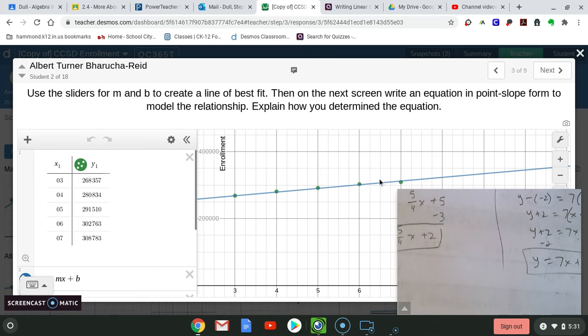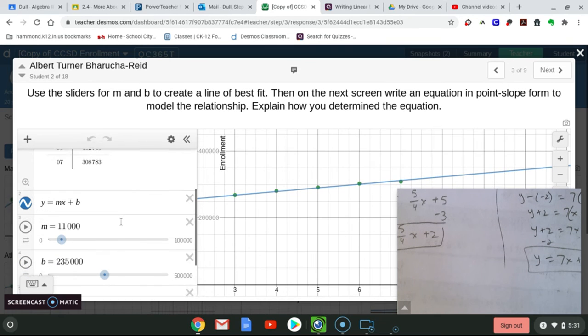And so here was the line that this person created, a line of best fit, and that one's pretty solid. It comes in a little bit above this point, a little bit below this one, a little bit below here, and above this one. So I think, all in all, it's a good fit. And then these are the actual enrollment figures for these 5 years.